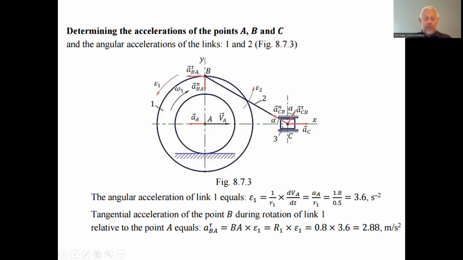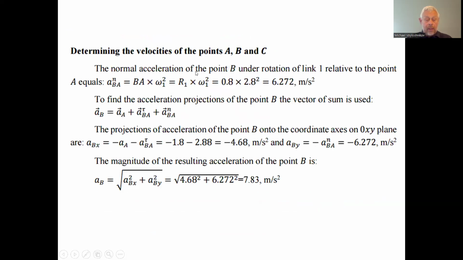Now the projections of the acceleration of point B onto the coordinate axes we can find as follows.